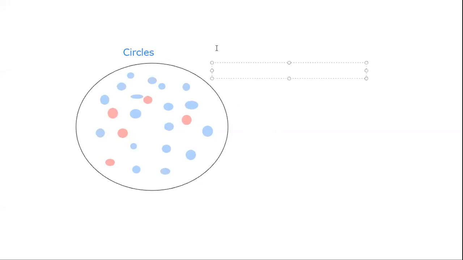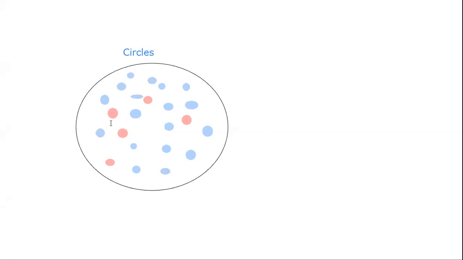So what color in here is larger? The amount, the quantity, like bigger? Blue. Exactly, blue. Very good.